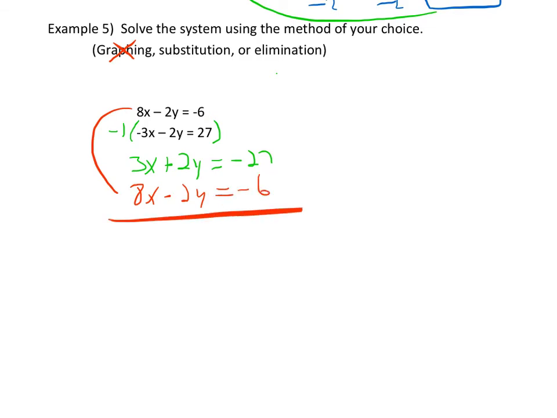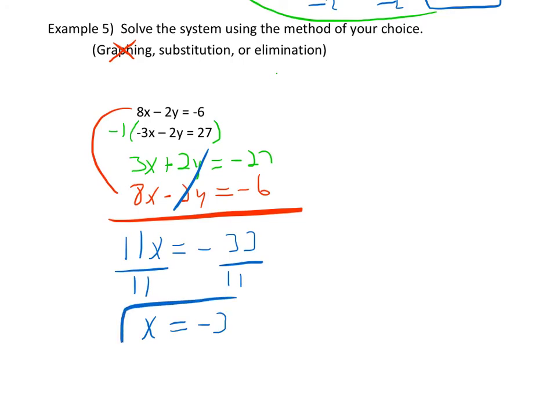So I only had to change one of the equations, and that was just by multiplying by a negative 1. So I can add them together, and my y's cancel, and I get 11x equals a negative 33. Divide by 11, and x equals a negative 3.